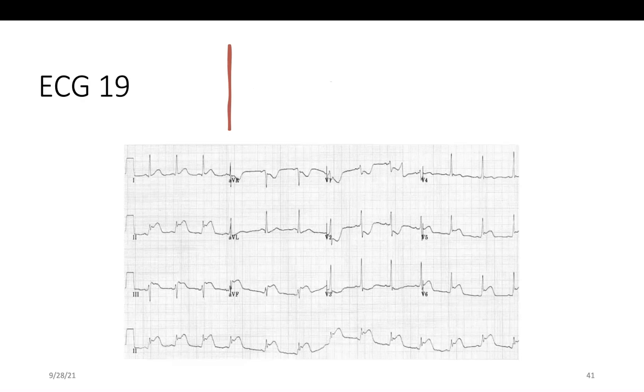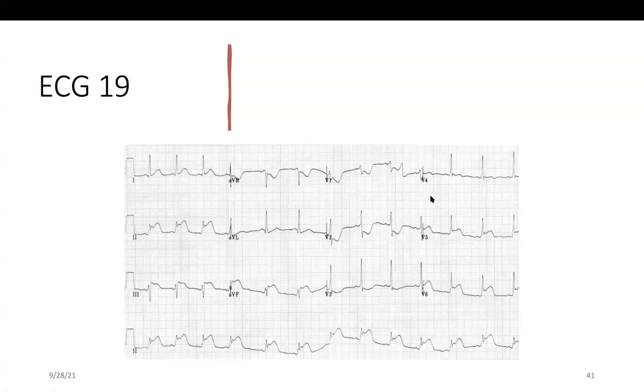Here we have ST elevation in leads 2, 3, and AVF, with ST segment depression from V1 up to V3. V3 is not really prominent, not that significant, but V1 and V2 are significant, with deep ST segment depression.